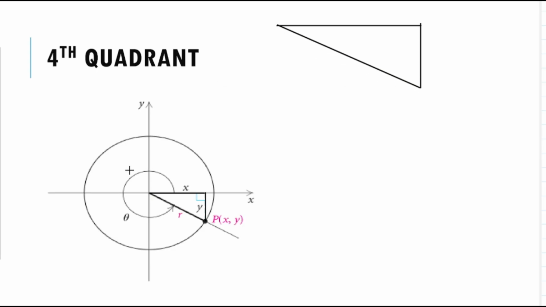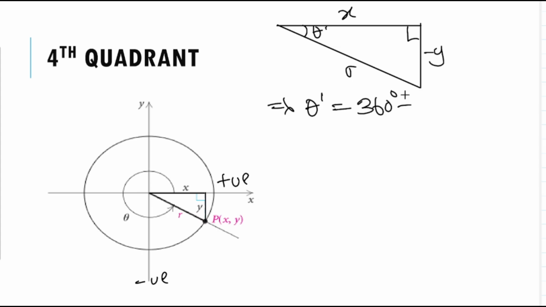This is the positive x-axis now and this is the negative y-axis, so we have negative y. This is where the reference angle theta prime is, and this is r. The reference angle theta prime here will equal 360 minus theta.